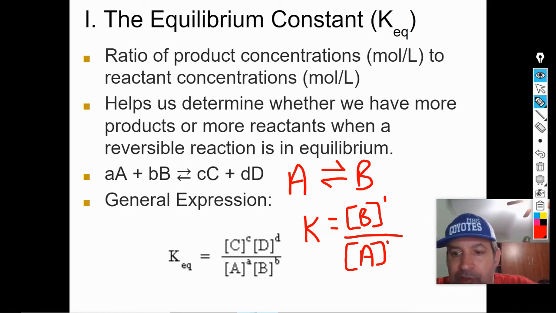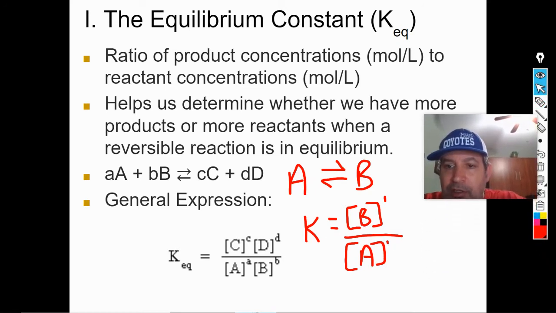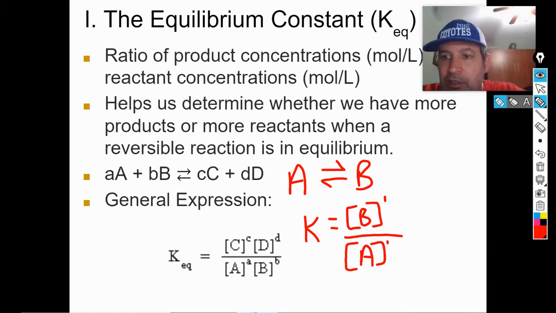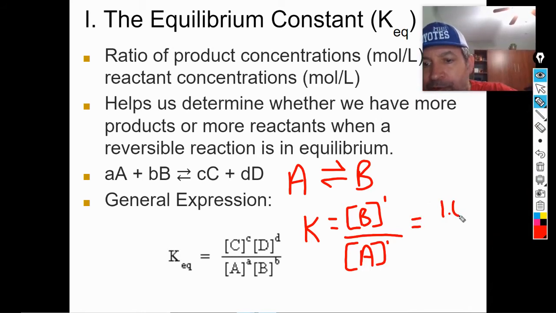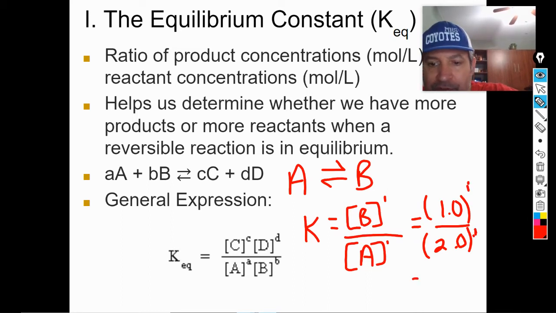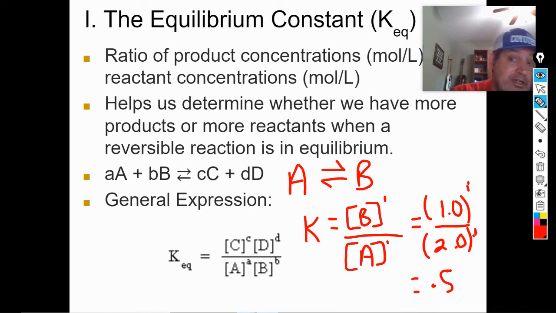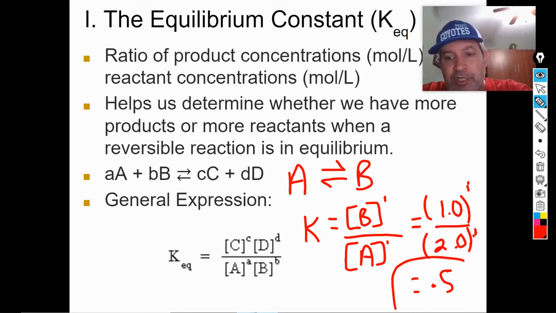And I gave you the concentrations as 1 mole per liter here, and 2 moles per liter there. And they're to the first power, which means they just stay the same. So it's still 1 divided by 2, and you get 0.5. The best part of the K expression and constant is there are no units because everything cancels out, and we just generally don't use units because it's a ratio.